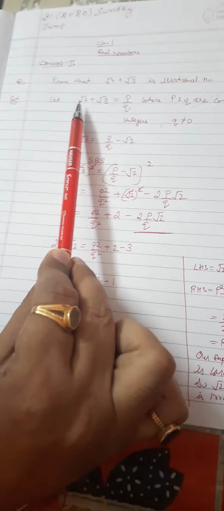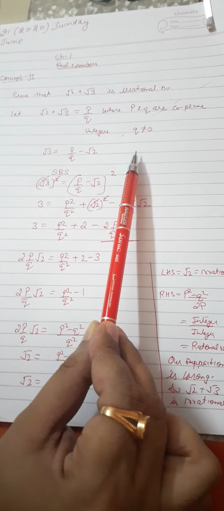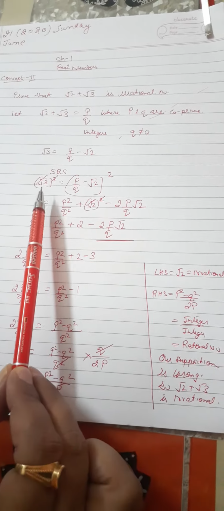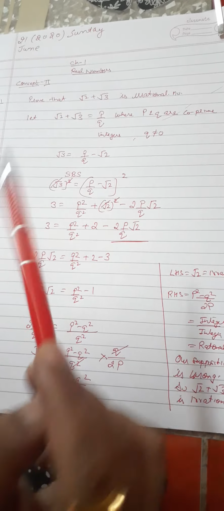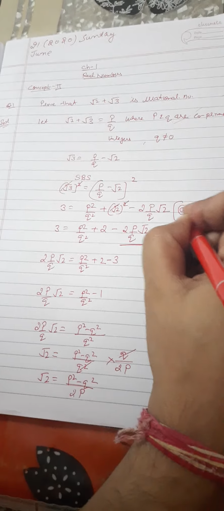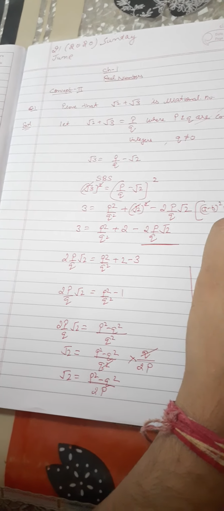You will assume under root 2 plus under root 3 is equal to p upon q, where p and q are co-prime integers, q not equal to 0. You will shift under root 2 to the right hand side, square both sides, applying the identity a minus b whole square, which is a square plus b square minus 2ab.